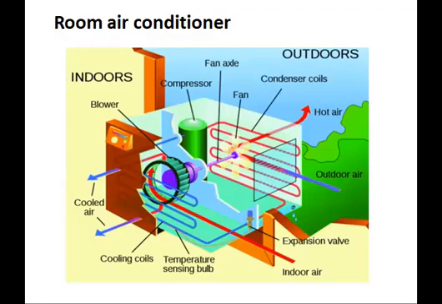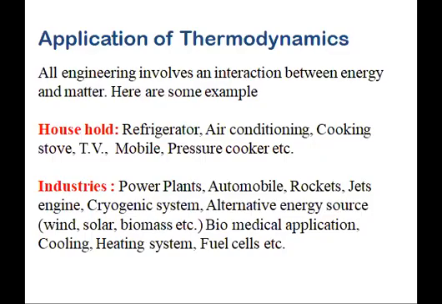The device that we use to control the heat and the humidity, we call a room air conditioner. So these are a few largely used applications of thermodynamics, but they are categorized into two categories. One is household applications, another is industrial applications.